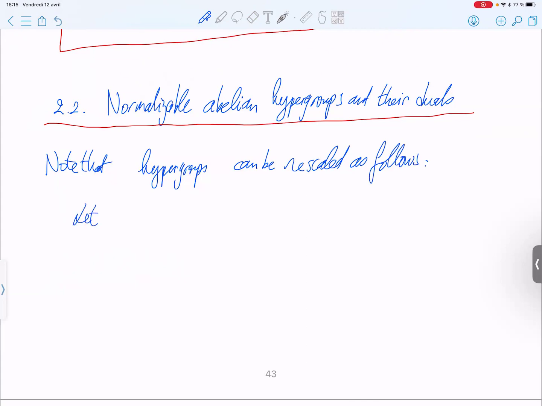So let yi equal xi over alpha i, for some non-zero complex number alpha i.